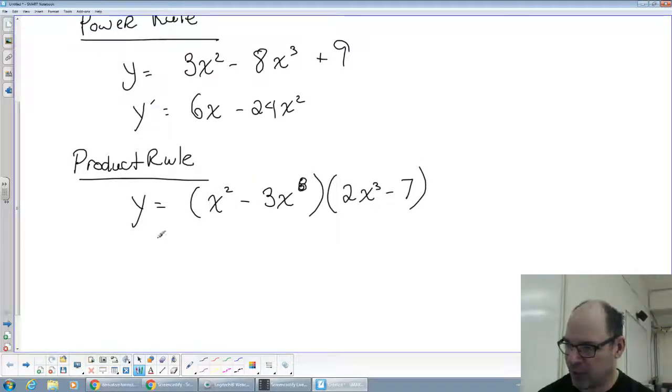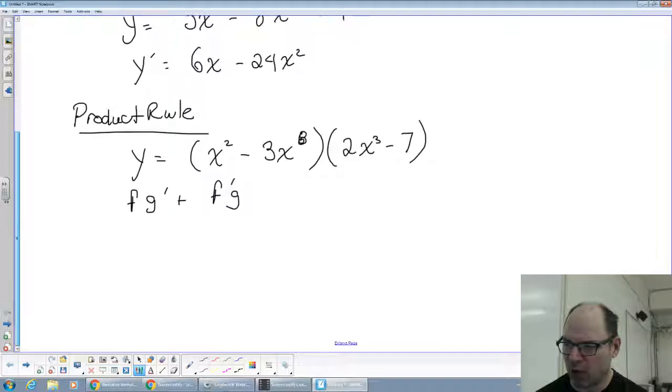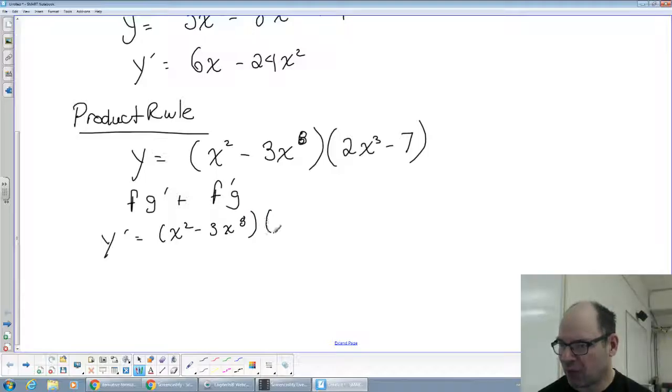But if we're just doing the product rule here, the product rule was f g prime plus f prime g, and we just work it out in one line. You could do little notes like I like to do sometimes. We take the F part, and then we multiply by G prime.